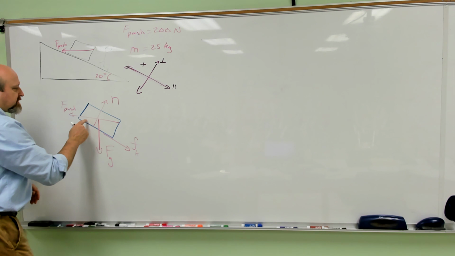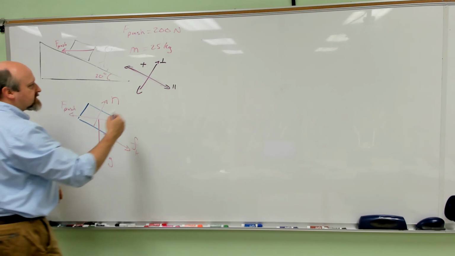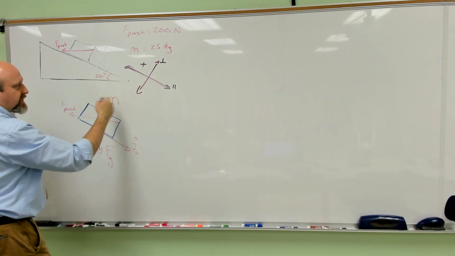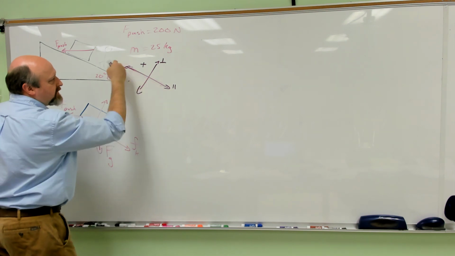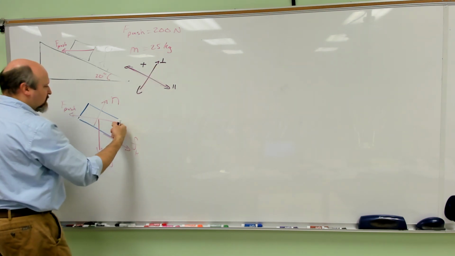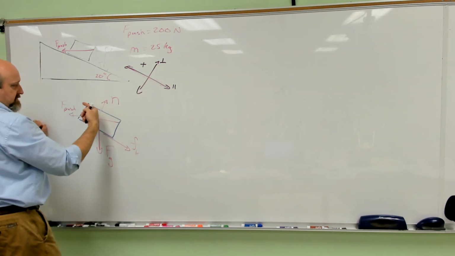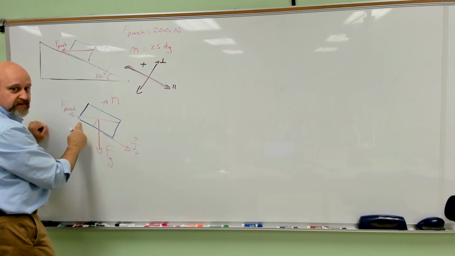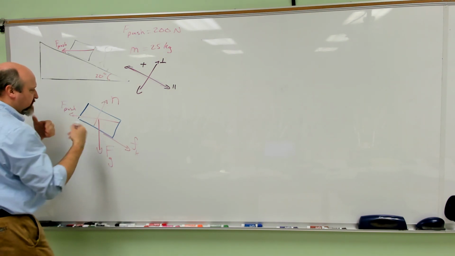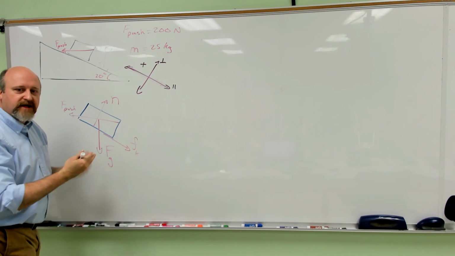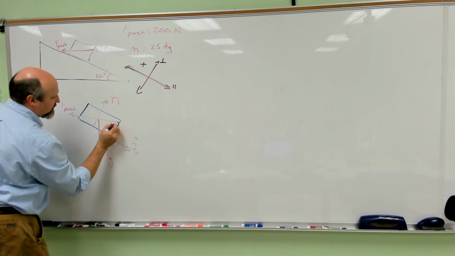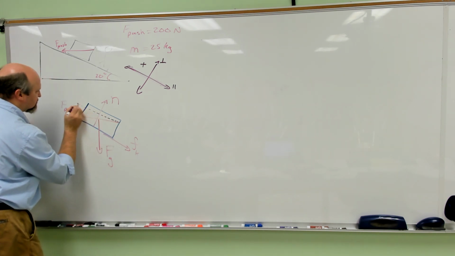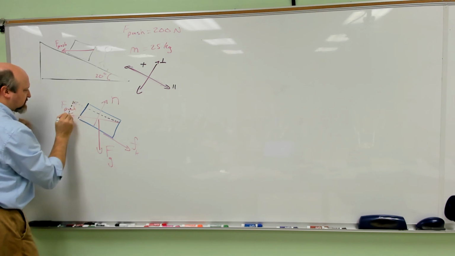But this force of the push, I can see it's going straight. It's going which way? Using the words uphill, downhill, out of the ramp, into the ramp, it's going uphill and into the ramp. So I have to replace it with a chain of arrows that are going uphill and into the ramp. So here's my uphill, and into the ramp.